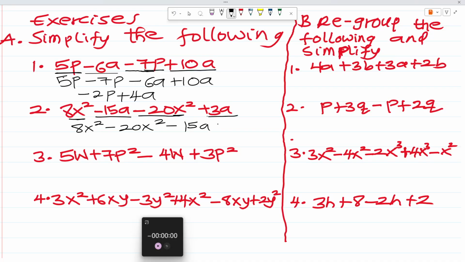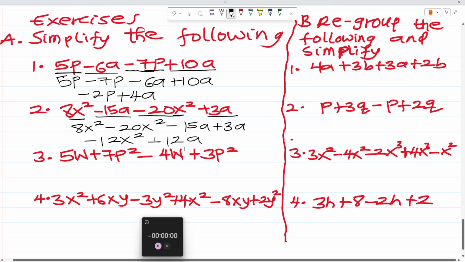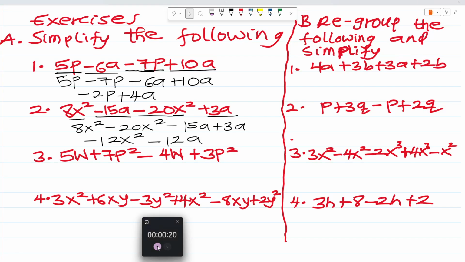And the last one we have plus 3a. So we get 8 minus 20 gives us negative 12x squared. Negative 15 plus 3 gives us negative 12a. And this is the answer. So the next question, we are also going to solve the same thing for 20 questions.